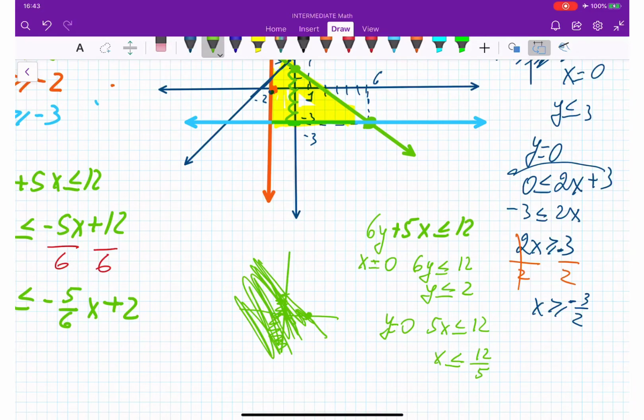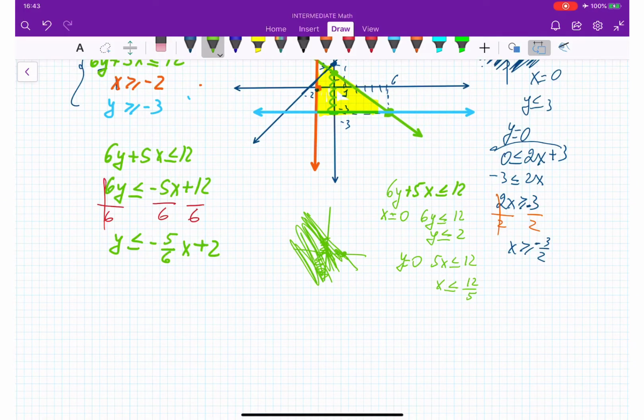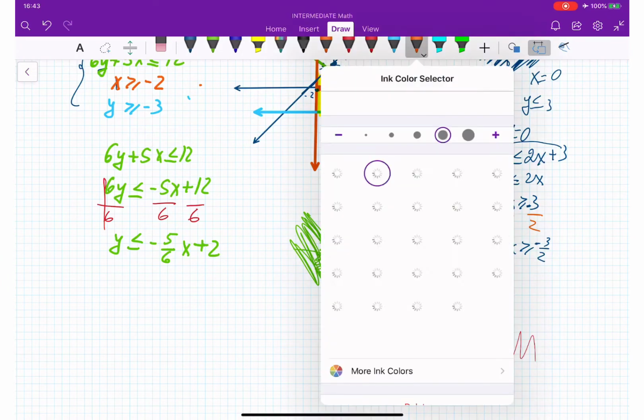Okay. Number 3. It's x greater or equal 2. That's pretty straightforward. Greater or equal negative 2. If this is my negative 2, greater or equal, it's going to shade like this, yes?